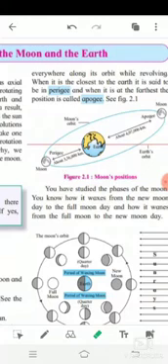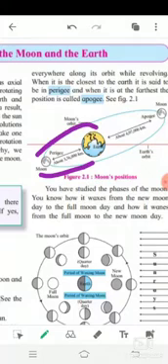See here, the position is given when the moon is nearest to the earth. So this is the perigee position. The arrow is given here. About 356,000 kilometers is the distance of the position.